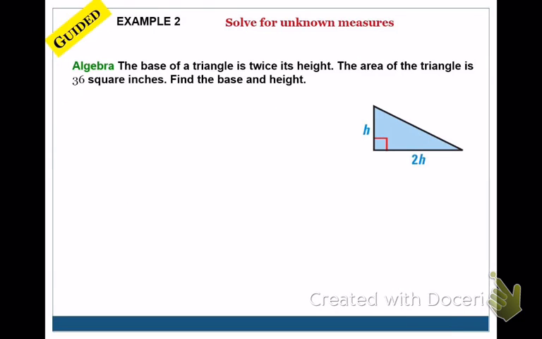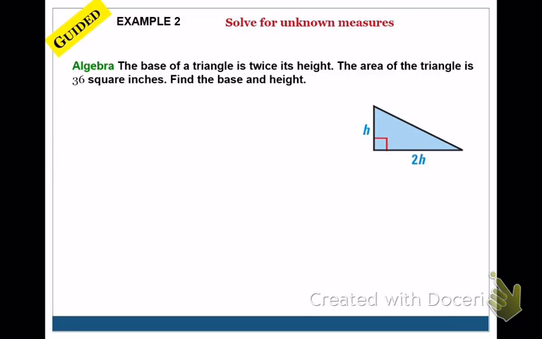All right, try again. Now another example here for you where we're going to work backwards, where we know the area is 36 square inches, and we want to find the length of the base and the height of the triangle, and where we know that the base is twice the height.